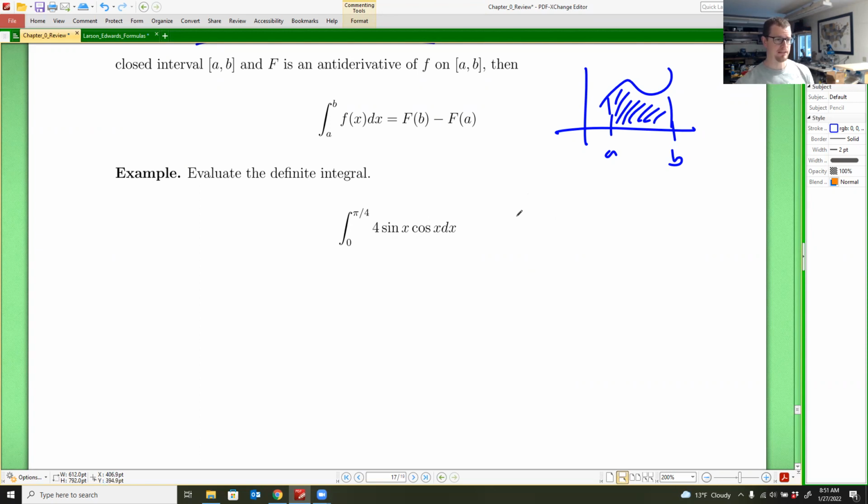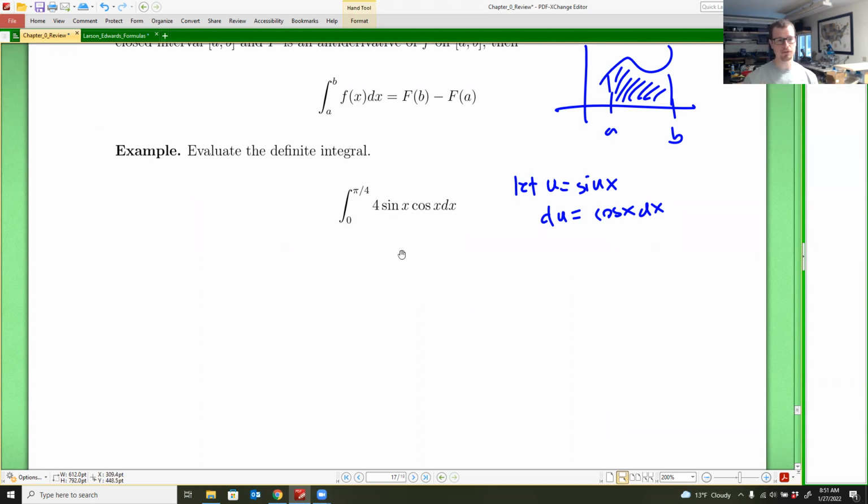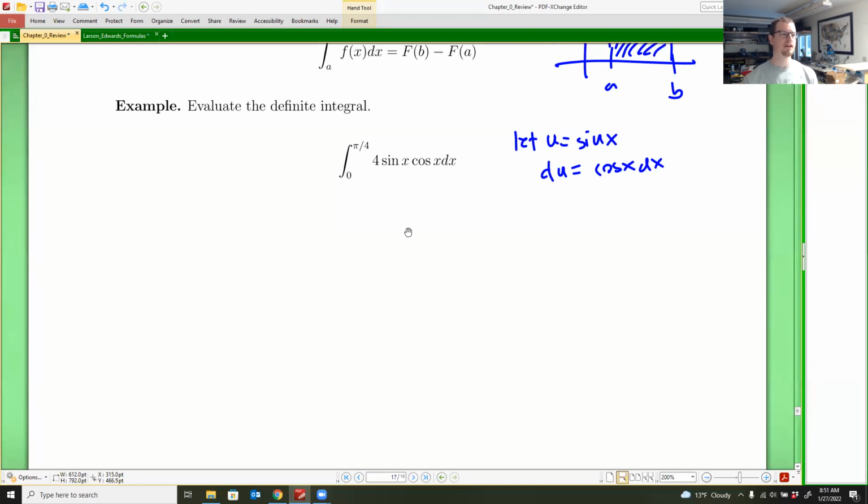Let u be equal to sine of x. Then du is equal to cosine of x dx. But because it's a definite integral, we also have to replace the integration bounds if we're going to do this completely and thoroughly using the substitution technique.